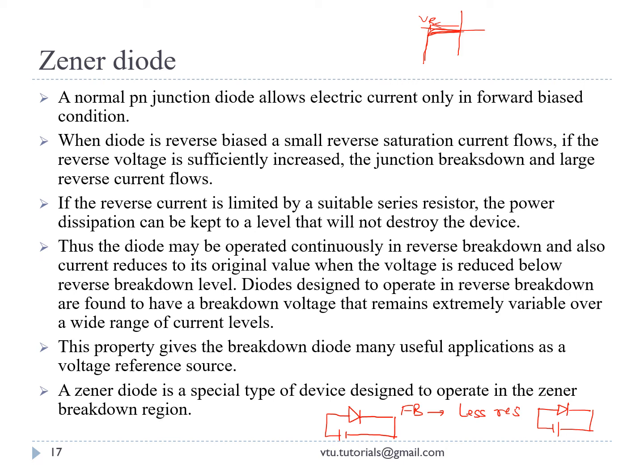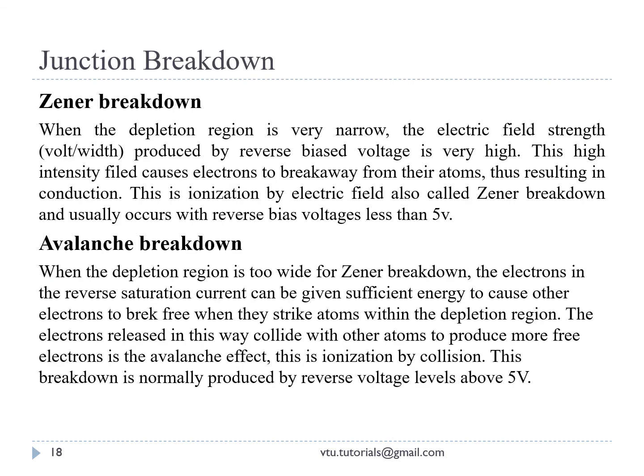In the reverse breakdown region, there are two types of junction breakdown that affect the current flow. One is the Zener breakdown. When the depletion region is very narrow, the electric field strength produced by the reverse biased voltage is very high.